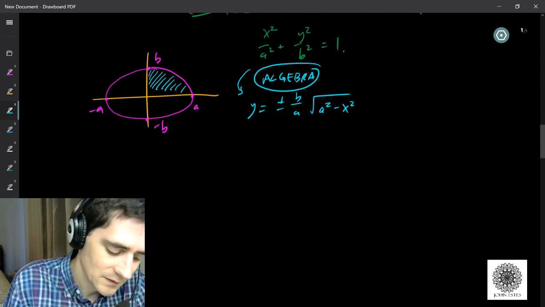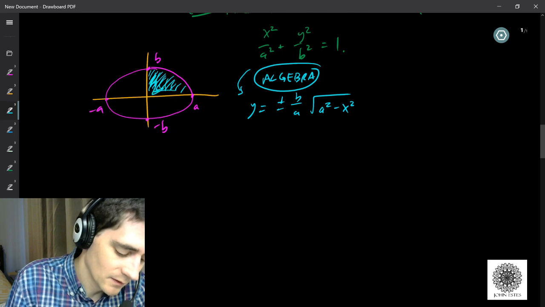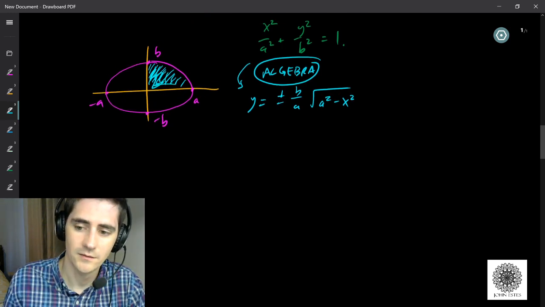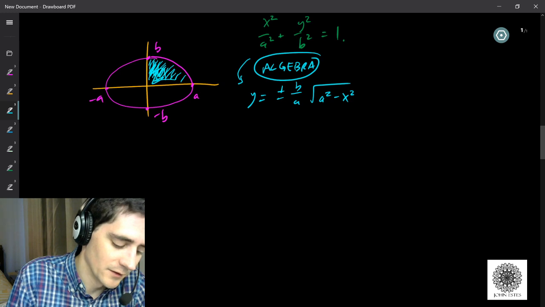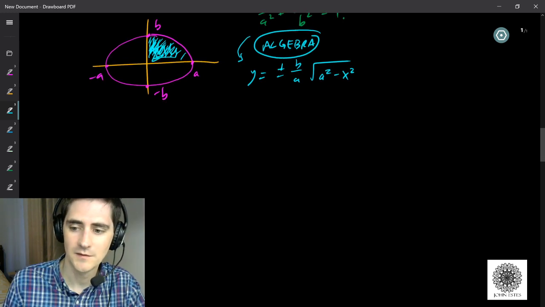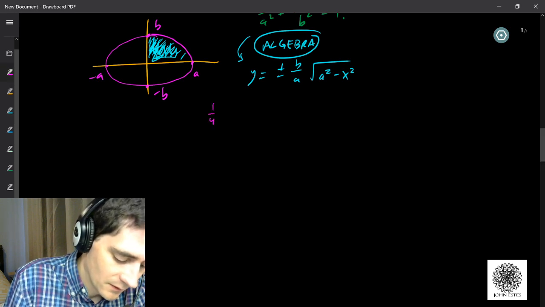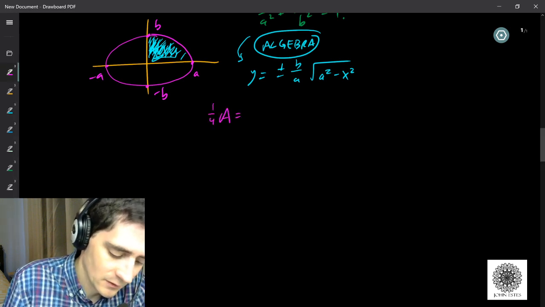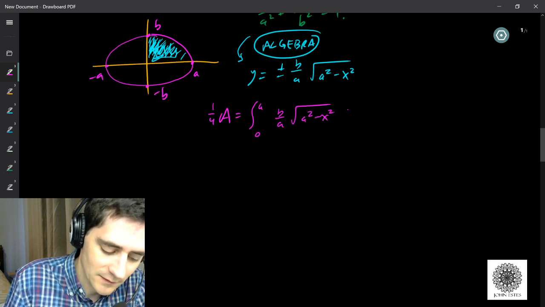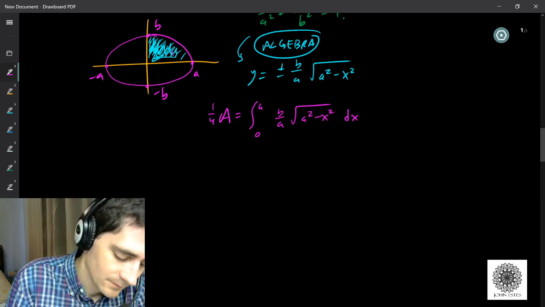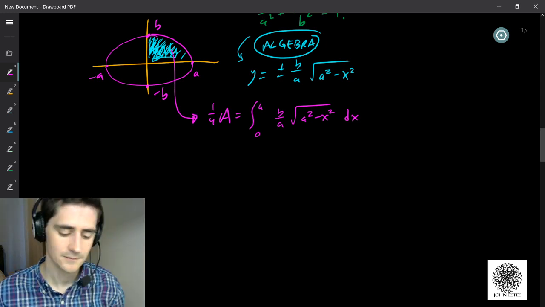And I'm just going to consider the positive part here because I just want this first quadrant intersection of this ellipse. What we're looking for here then is that 1/4 of the total area, which is just that one quadrant, is going to be the integral from 0 to a of b over a square root of a squared minus x squared dx. Okay, that's what I'm finding there.